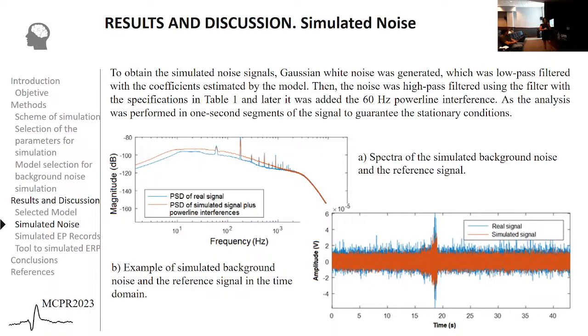The following figures show the comparison of the spectrum of the simulated background noise and the reference signal. The reference signal is the blue line, and the simulated one is the red line.